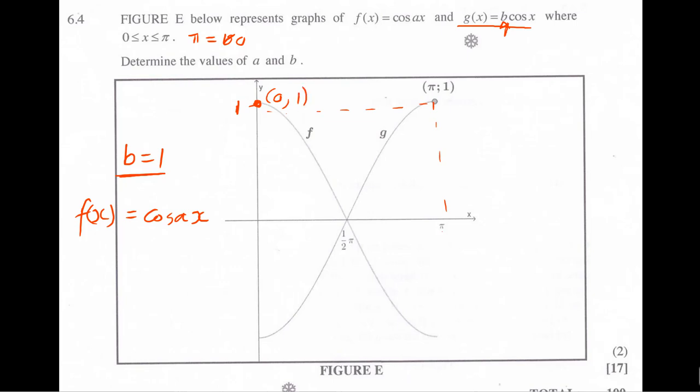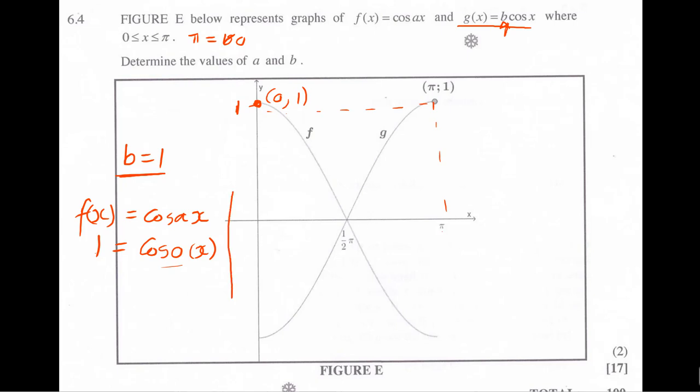That's f of x. And you can take that point there and say 1 is equal to cos 0x. That's the first try, but this one is not gonna give you anything because cos 0x is 1 for any a. Alright, try another point.